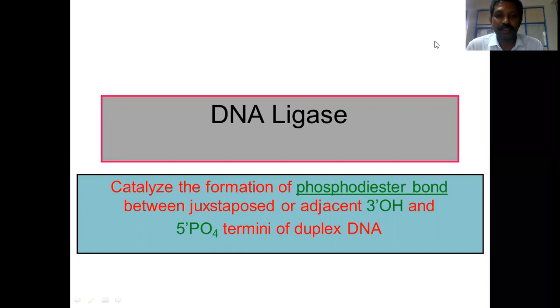Today's topic is DNA ligase mechanism of action. First of all, we'll recall what a ligase is. Ligase is an enzyme which catalyzes the formation of a phosphodiester bond between the juxtaposed or adjacent 3' OH and 5' phosphate termini of duplex DNA.